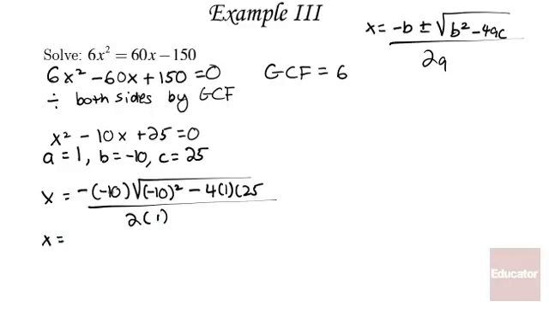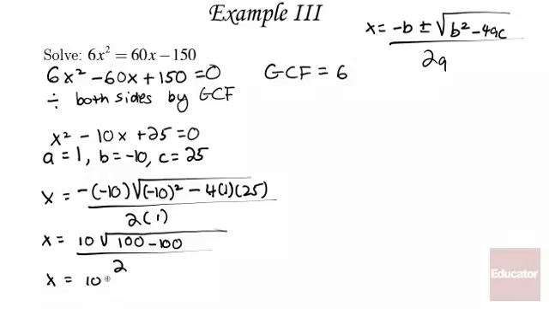So x equals negative times a negative is a positive. Negative 10 squared gives me 100. 4 times 1 is 4, times 25 is 100, divided by 2.